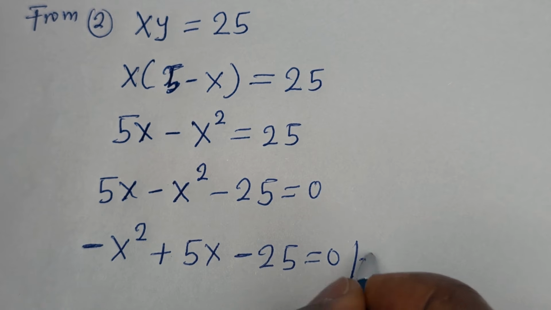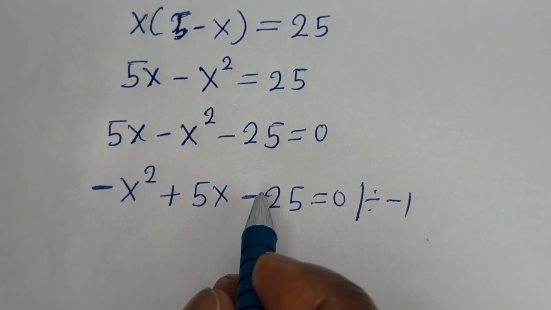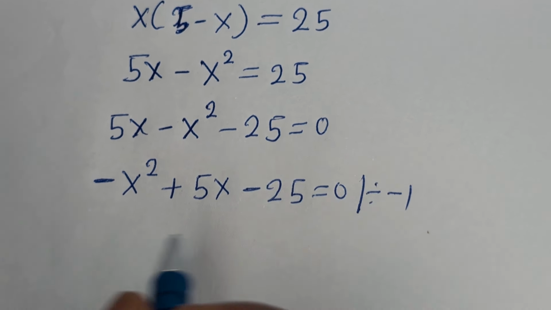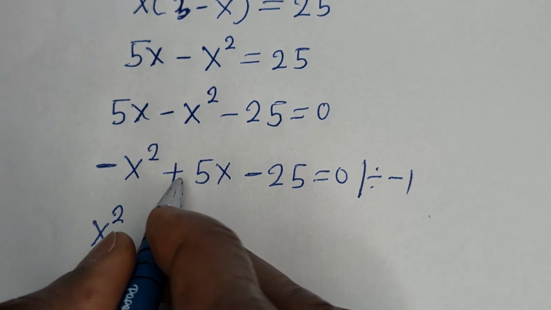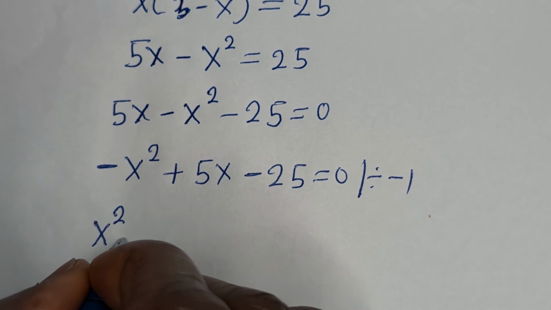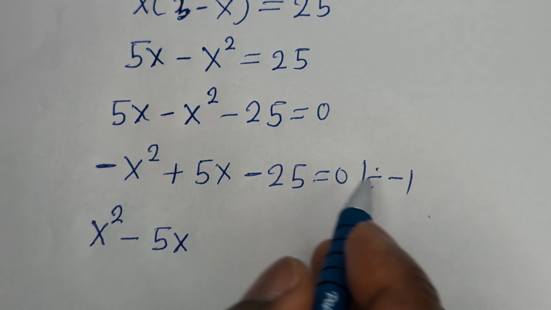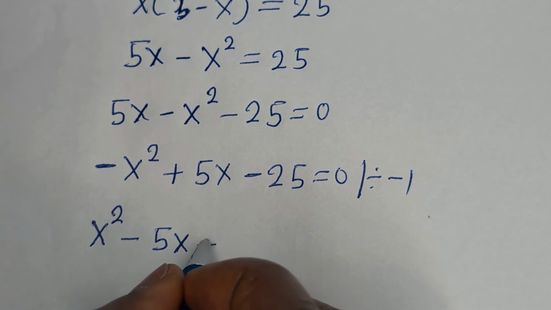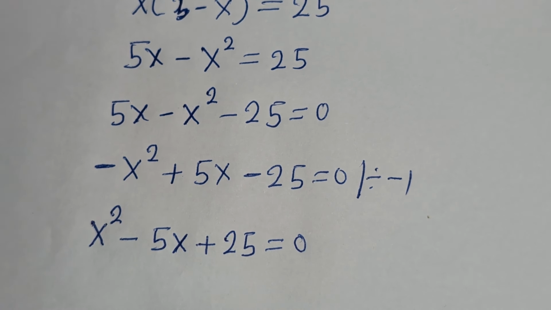Let us divide the whole equation by minus 1. Then if you divide the whole of this by minus 1, we have minus x square divided by minus 1, this is x square, plus 5x divided by minus 1, this is minus 5x. Then minus 25 divided by minus 1, this is plus 25 is equal to 0.